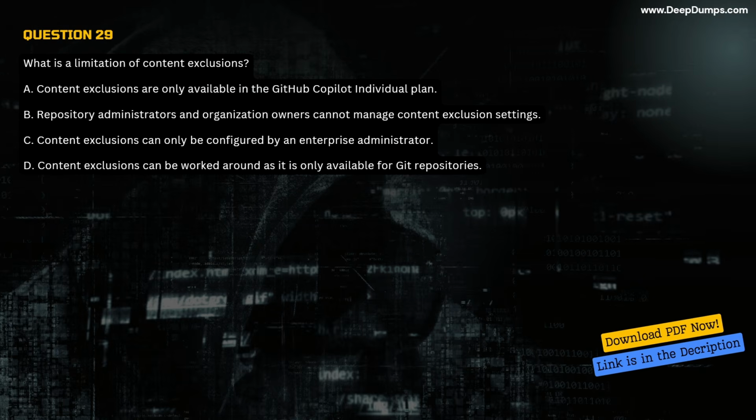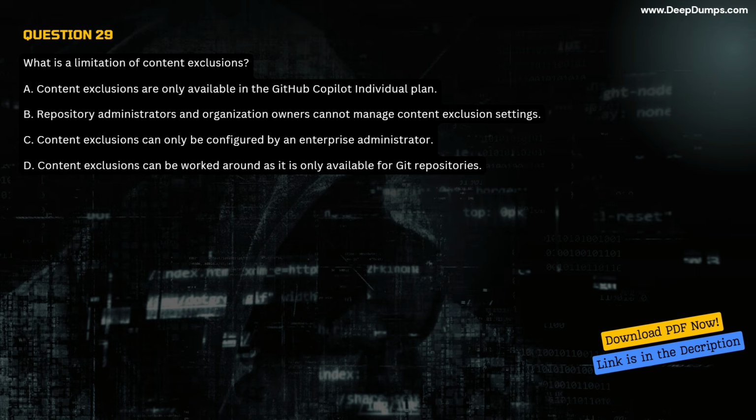Question 29. What is a limitation of content exclusions? A. Content exclusions are only available in the GitHub Copilot individual plan. B. Repository administrators and organization owners cannot manage content exclusion settings. C. Content exclusions can only be configured by an enterprise administrator.